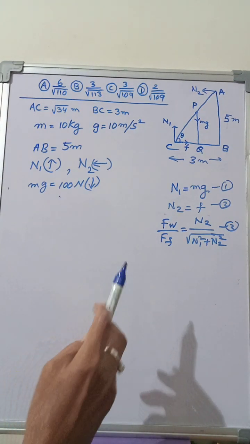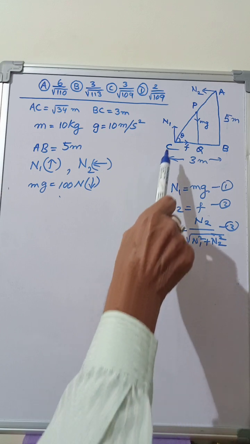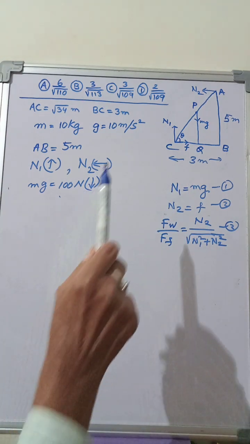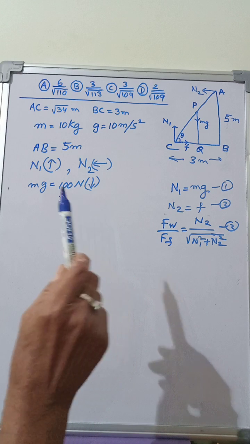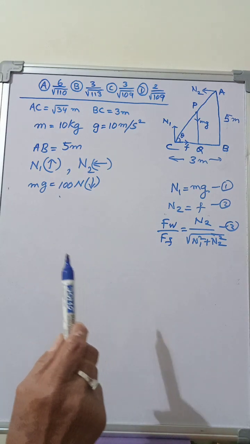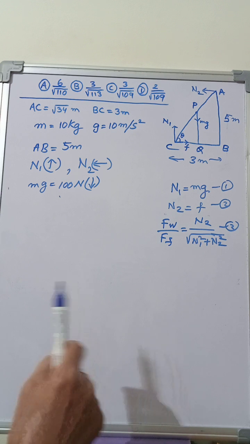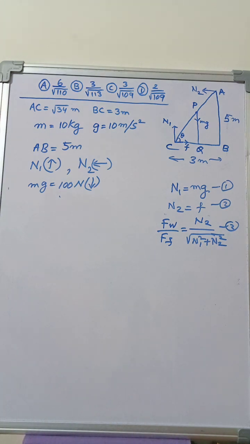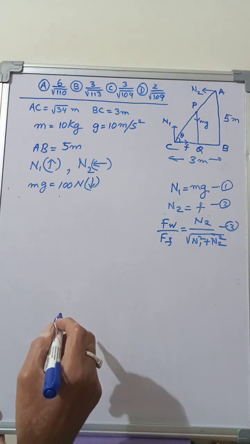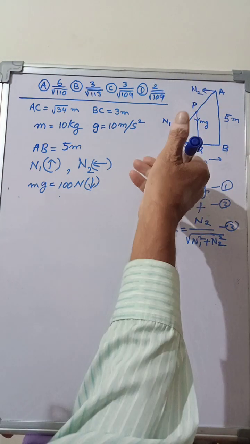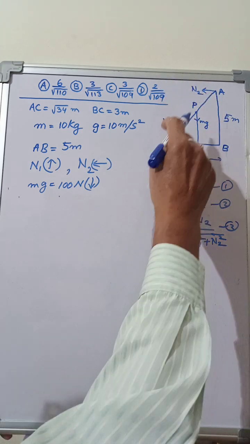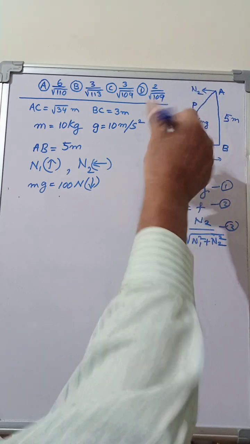Now we will take moments of the forces about the point C, bottom of the ladder. For equilibrium, the clockwise moment should be equal to the anticlockwise moment, so that the net moment will be 0. Clockwise moment is equal to mg, which is downward, about C. mg can rotate it clockwise.